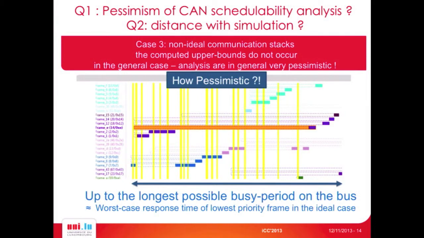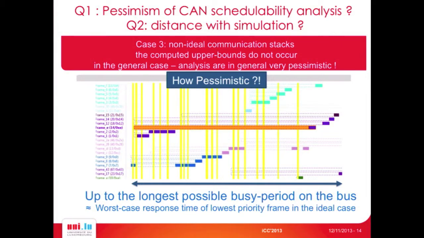Pessimism is up to the longest possible busy period on the bus. So, for instance, if you consider a FIFO queue, a way to consider it is like any frame would have the lowest possible priority on the ECU. And thus, it will result in a response time which is the one of the lowest priority frame on the ECU.